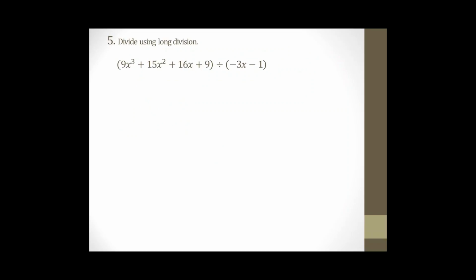Dividing using long division. Okay, so first of all, if you have a long division problem, you should rewrite it to set it up nicely, starting with the second part. So writing negative 3x minus 1 first, and then under my root, I'm putting the first part, so 9x cubed plus 15x squared, and then plus 16x and plus 9.